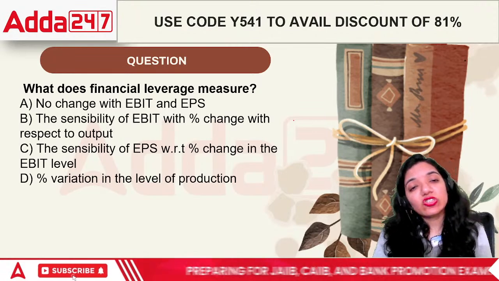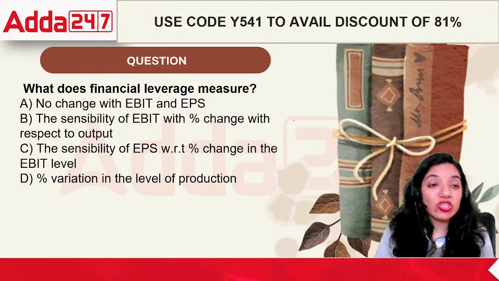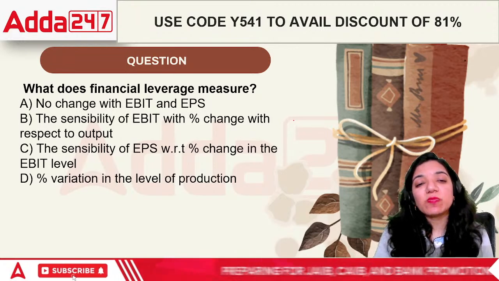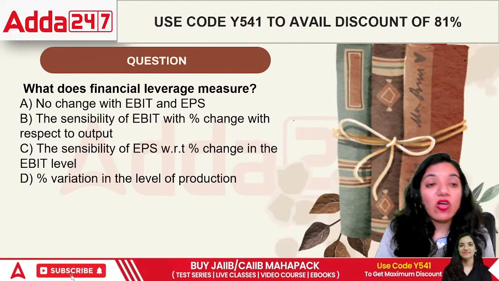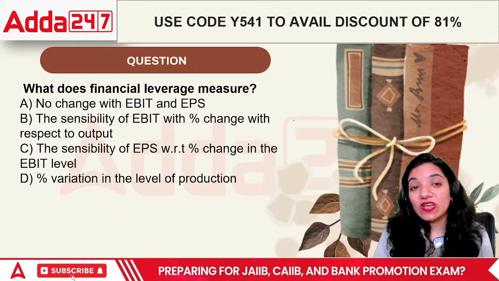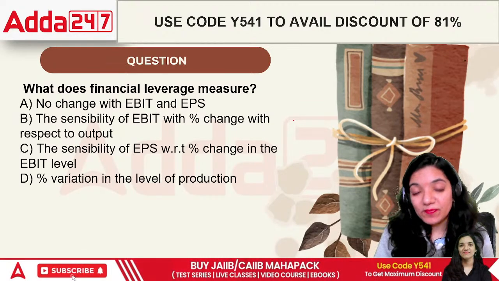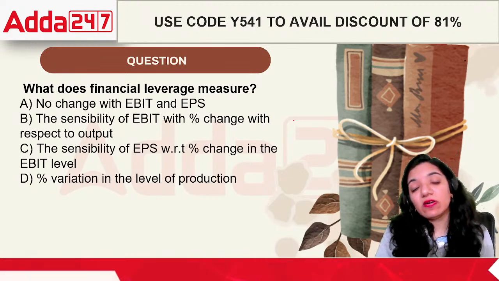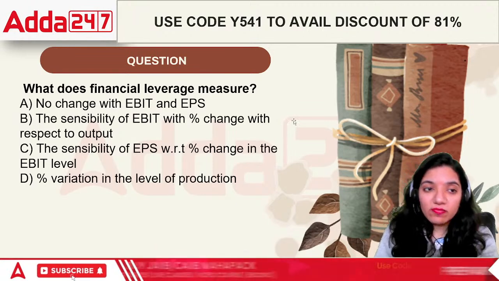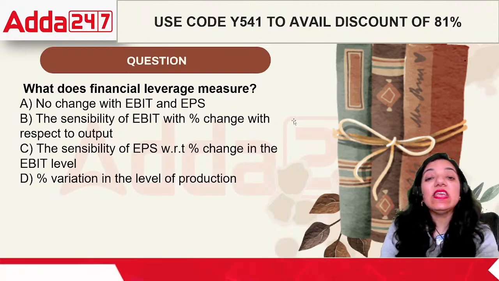The options are: no change with EBIT and EPS; the sensitivity of EBIT with percentage change with respect to the output; the sensitivity of EPS with respect to percentage change in the EBIT level, or the percentage variation in the level of production. What do you mean by financial leverage? It is the method used to find out how we can increase our EBIT and our EPS overall.